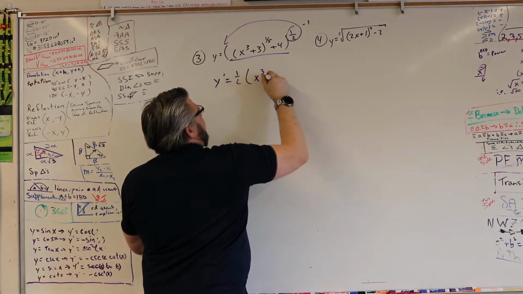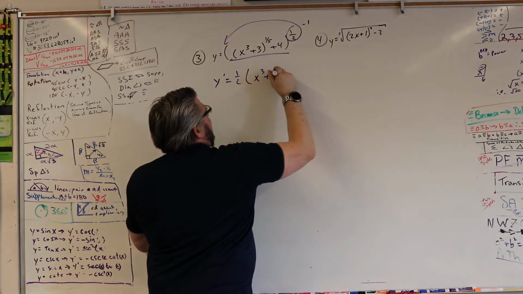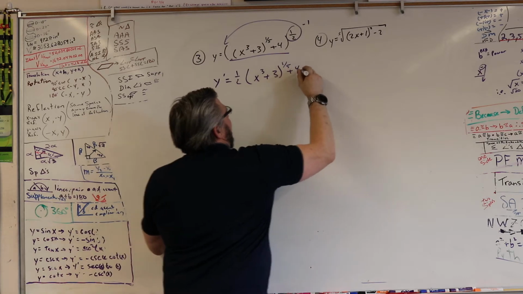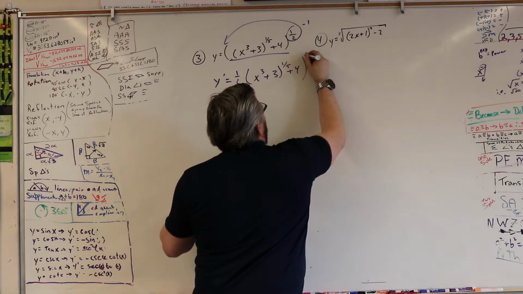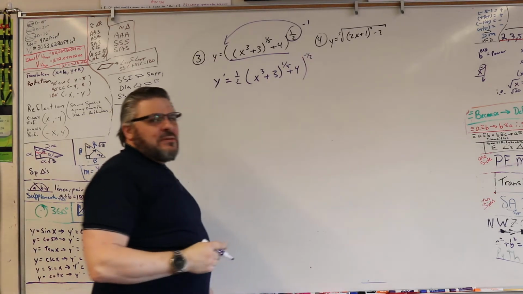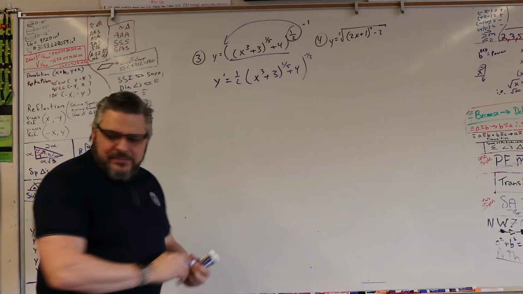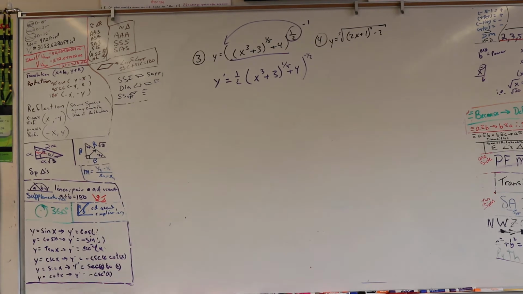X to the third plus 3 to the 1/5 plus 4 all to the negative 1/2. And that's why I wasn't going to do 2 of them, because I'm running out of space. So let me move this over.